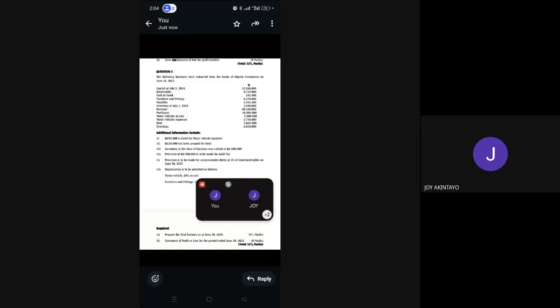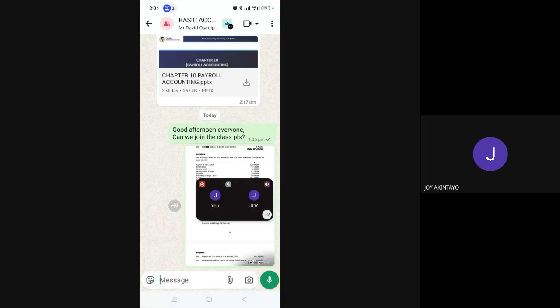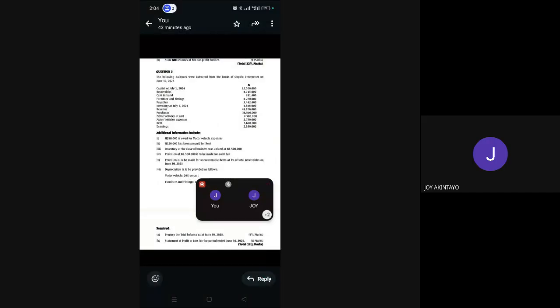Why are we posting on the credit side? Revenue happens to be the income to the company. Yes or no? And then we are posting income under the credit side. So how much is our income? We have 49,100,000.